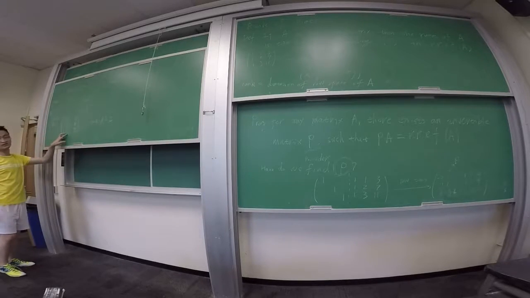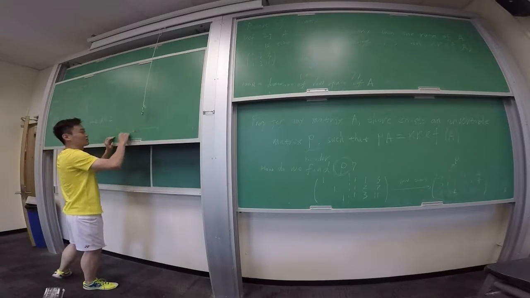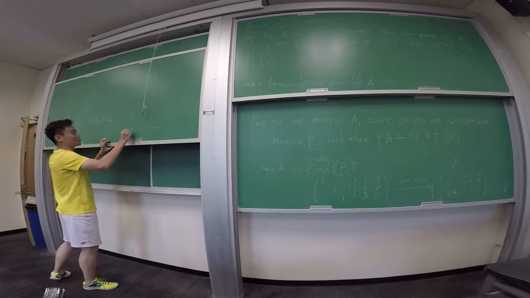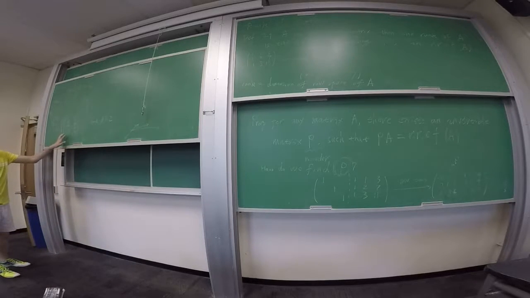Geometrically, you have 2 vectors in your three-dimensional space, which are 1, 1, 1, and 1, 2, 3, right? And as you can see, the last column vector is an arithmetic sequence.